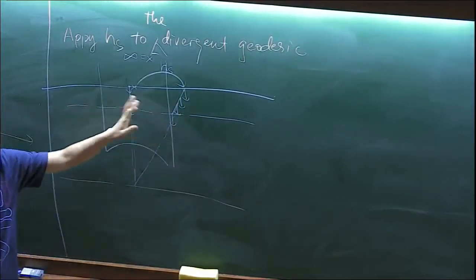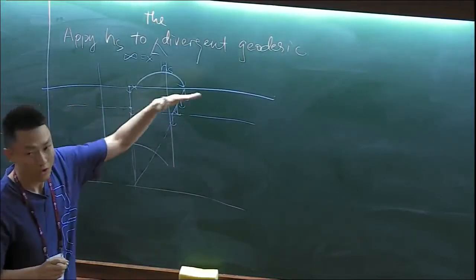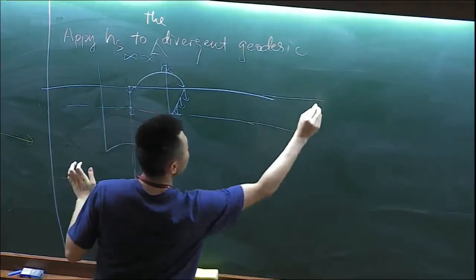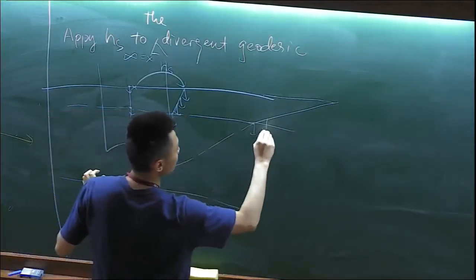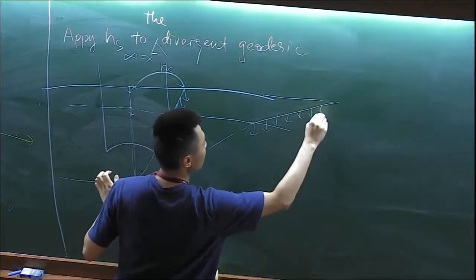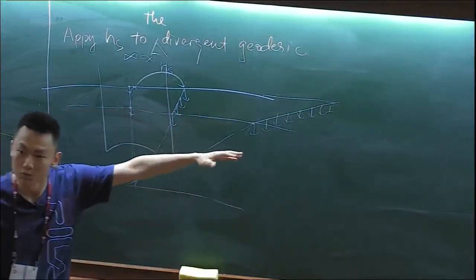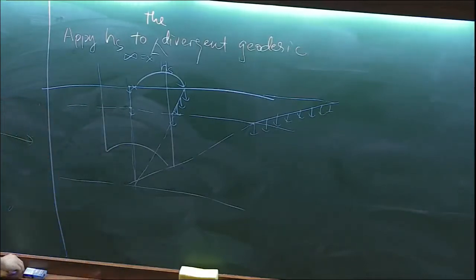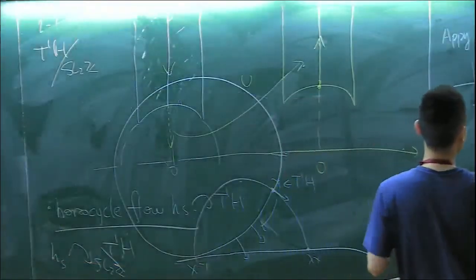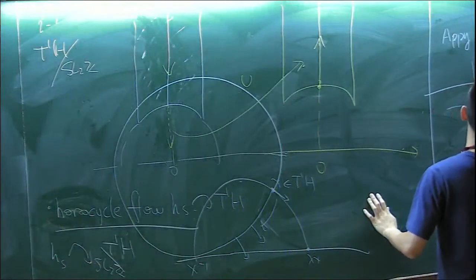Makes sense? When your S gets larger and larger, you'll get something very long. Then you have to bring this picture back to the fundamental domain. So what you get when S is very large is something like what I'm going to draw. So it's like this.